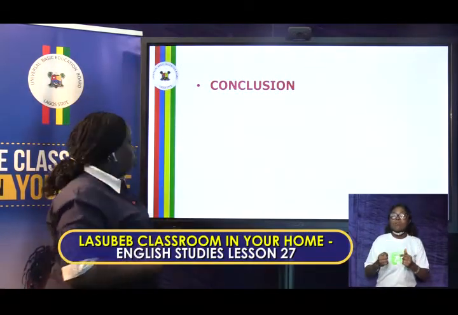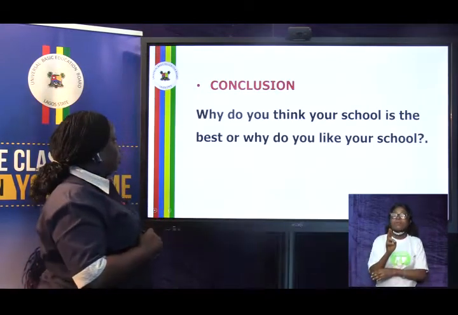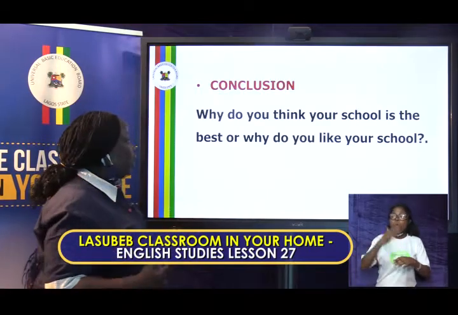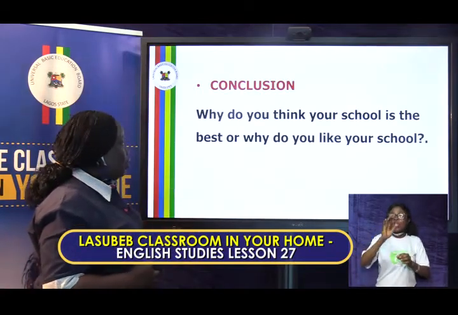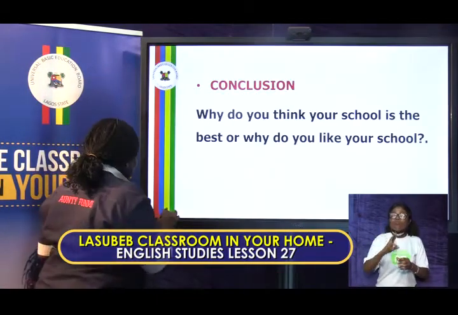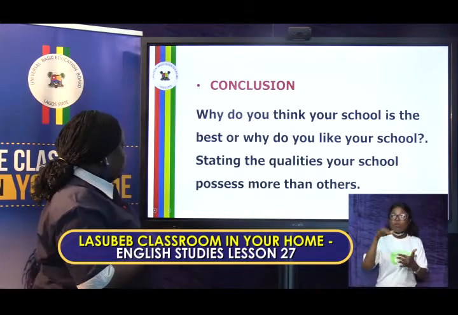Then we'll talk about the conclusion to your writing the composition on my school. The conclusion should be based on why you think your school is the best, or why you like your school. That should be the conclusion. I believe you've taken note of all those things.